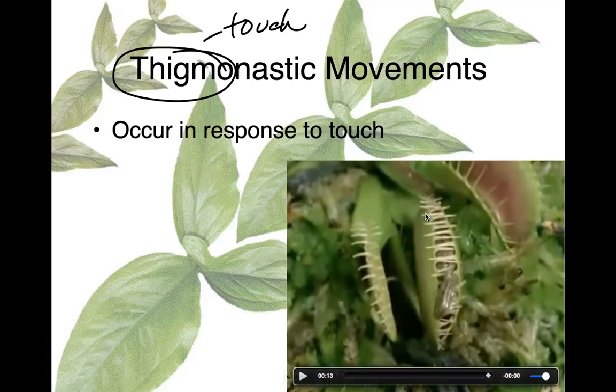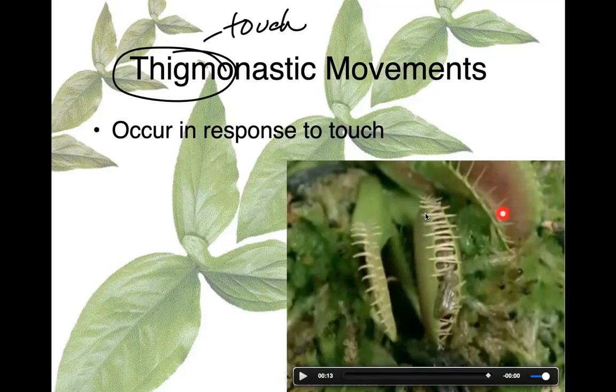Right. So with the Venus flytrap, I don't know if you've ever seen one in real life. I had really small ones several years ago I got from my neighbor, but they all died. But they're quite interesting because along the inside of their mouth, kind of, they've got these little hairs. And if you touch one hair, it's not going to do anything, because obviously that might just be the wind or a leaf falling on it.